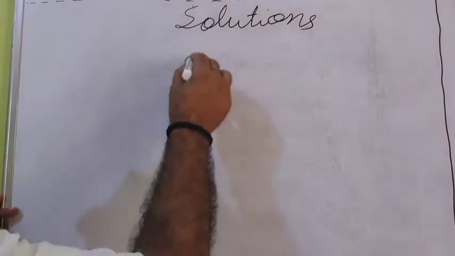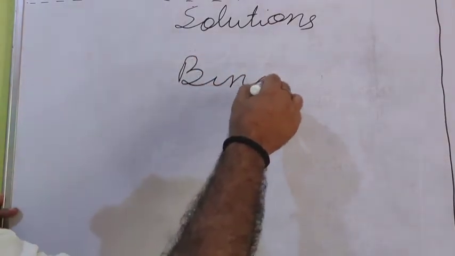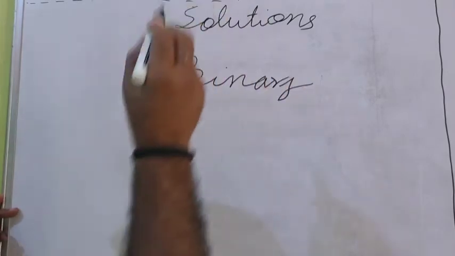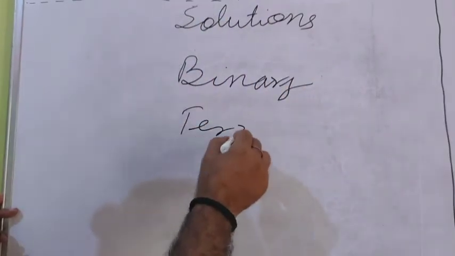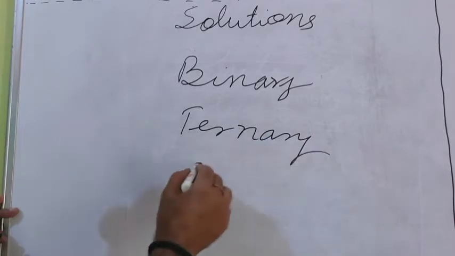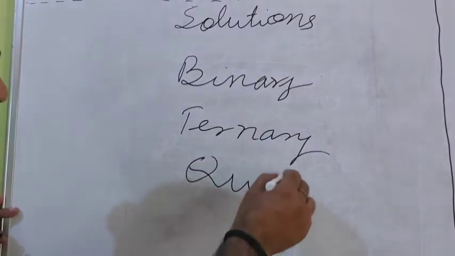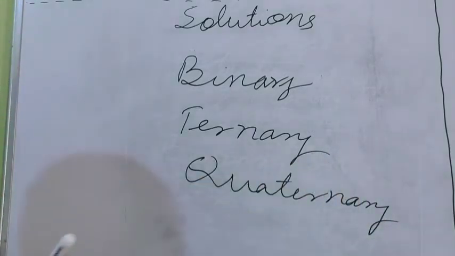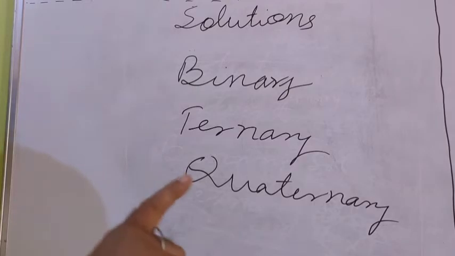Solution may be binary, that is may be ternary, may be quaternary. Binary solutions are those solutions which contain only two components, that is one solute and one solvent.